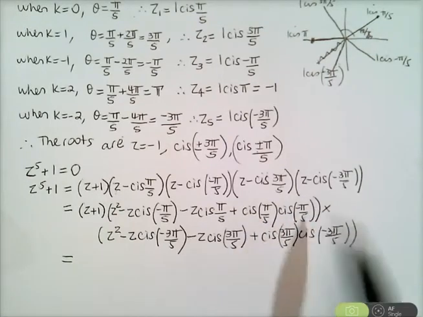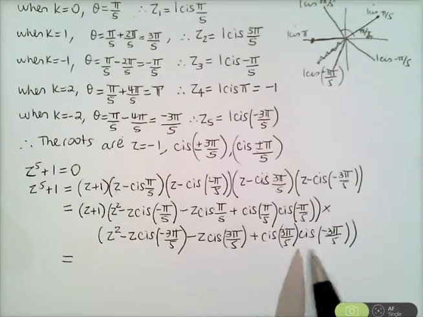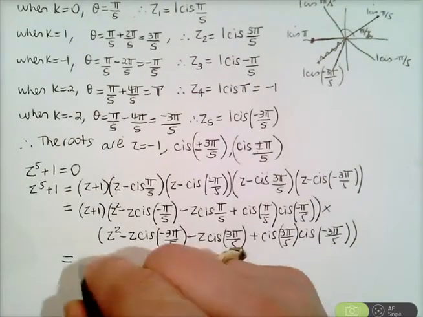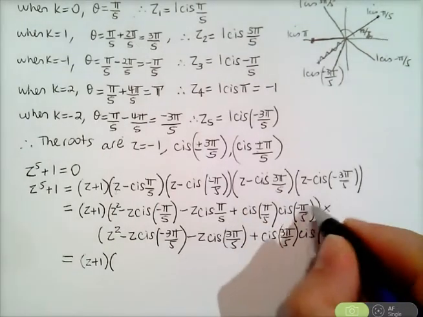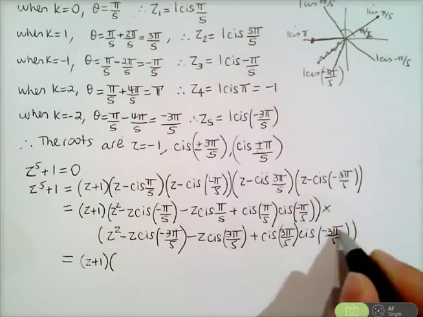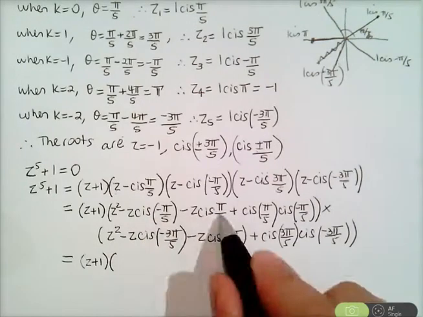Here I can just write cis 0, and the same for this one. That would have been quicker, so I'll just do that on the next line. So I've got z plus 1, and I'm going to write cis 0 here and cis 0 there, but as I do that, I'm going to expand these as well.